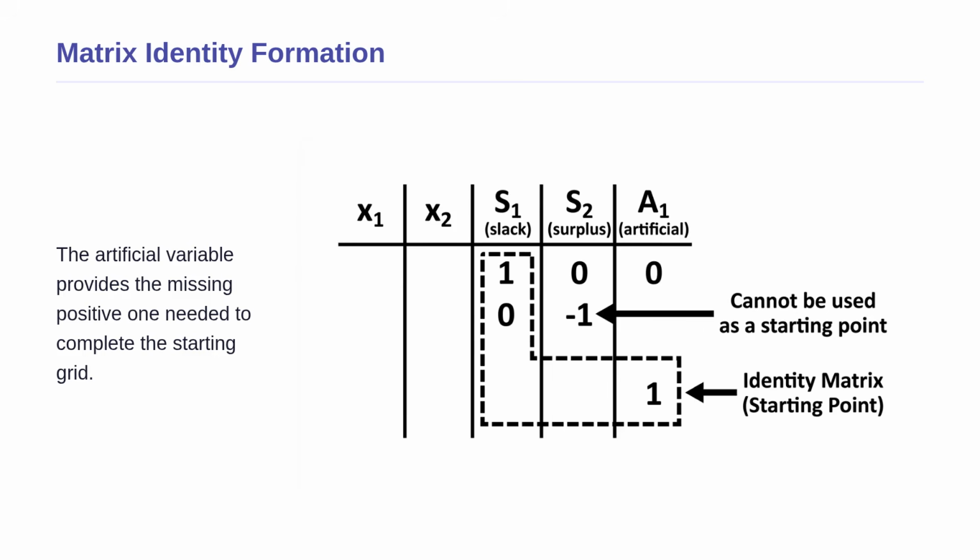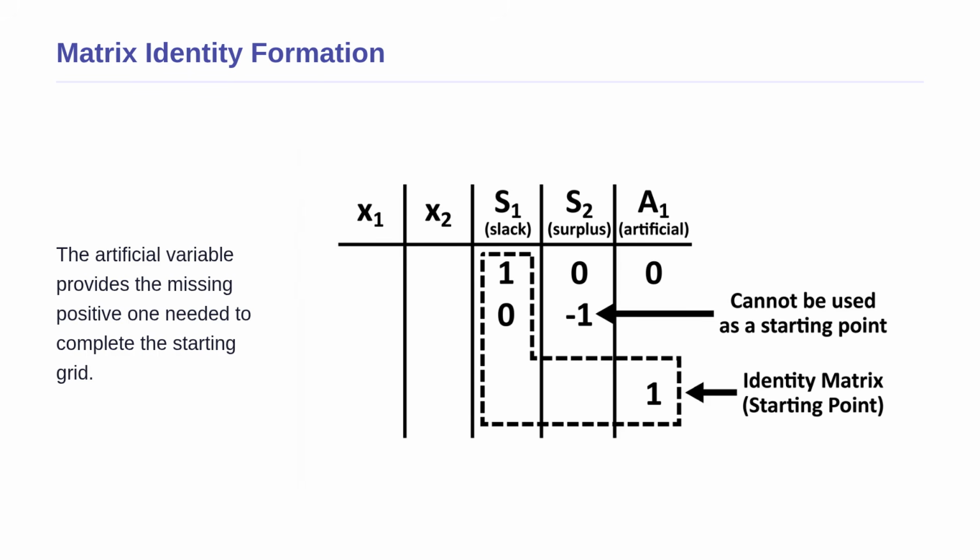Let us visualize exactly what we have built. Look at this matrix representing our system of equations. The columns represent our variables. Notice the slack variable s1 provides a positive 1 in the first row. However, the surplus variable s2 provides a negative 1 in the second row, which cannot be used as a starting point.